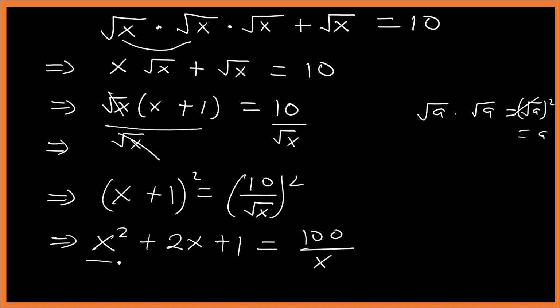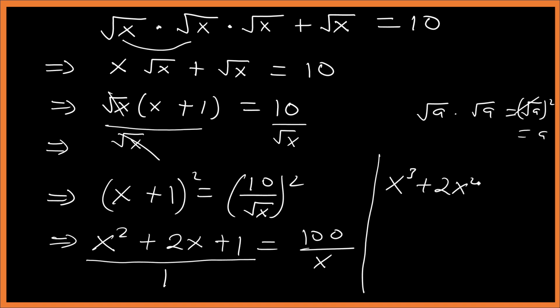So let's make this side over 1. So x times x squared plus 2x plus 1 equals 100.